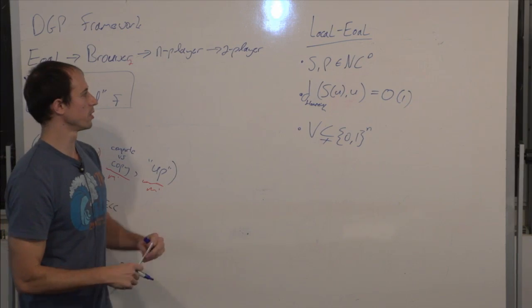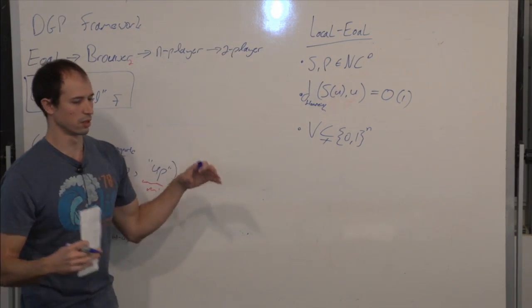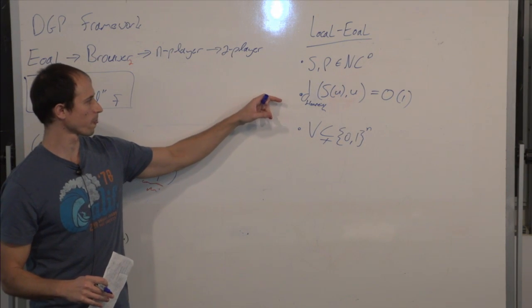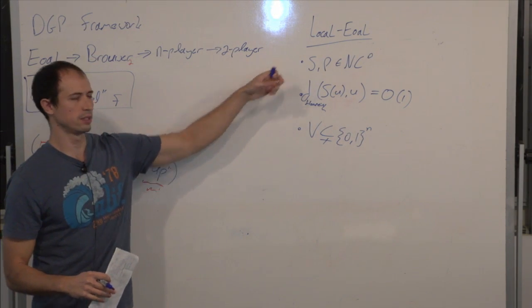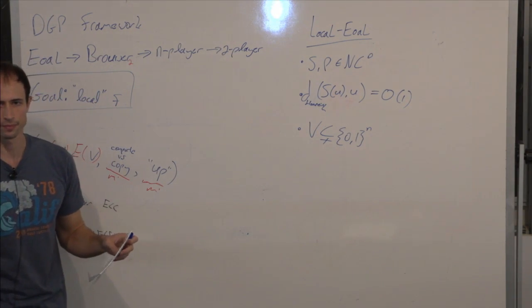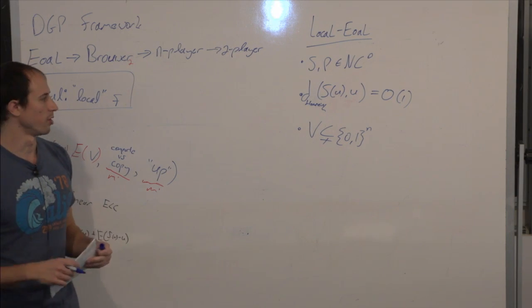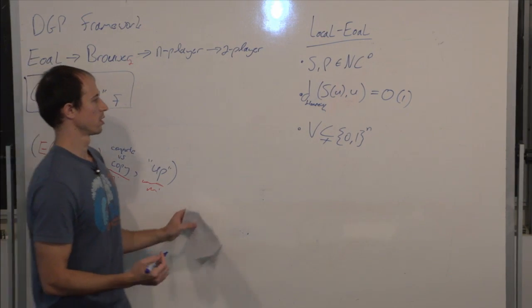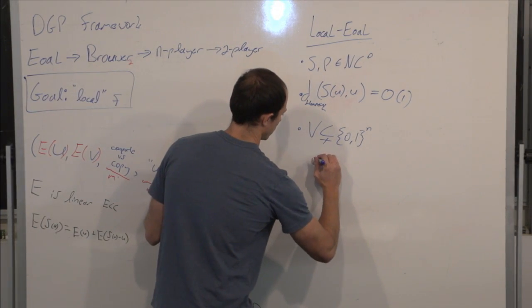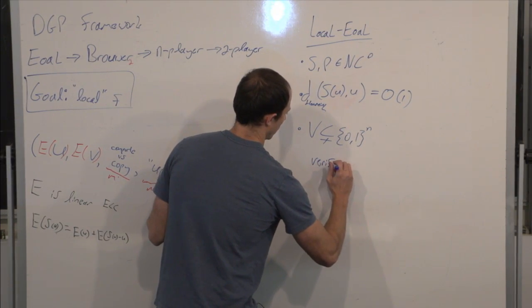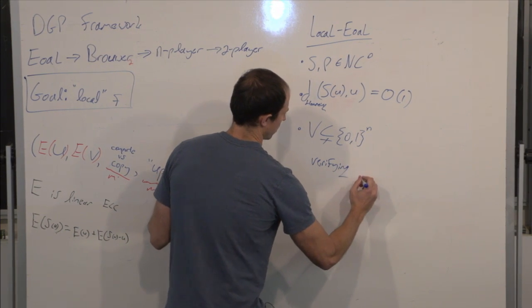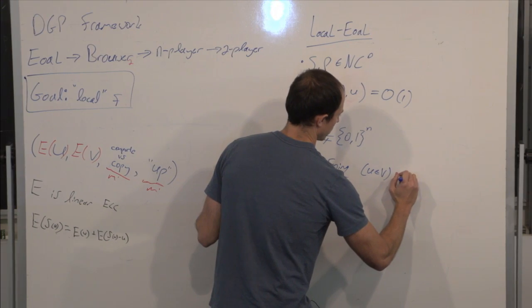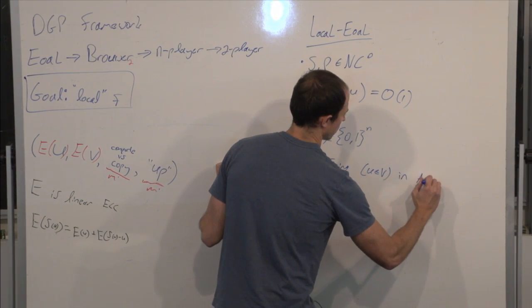So all these guarantees are okay as long as S and P take as input a vertex that belongs to the subset V. And verifying that U is in V is actually in AC0.